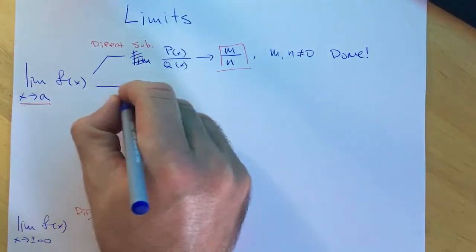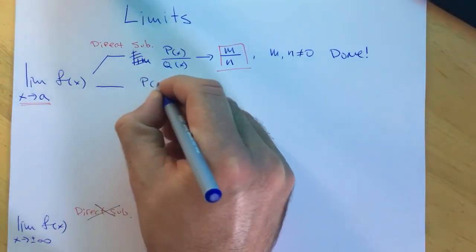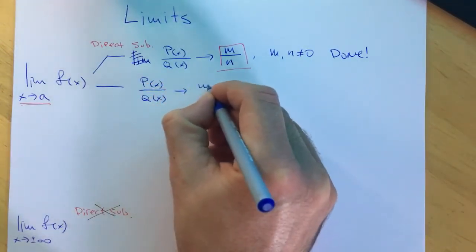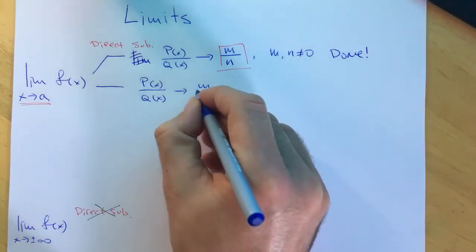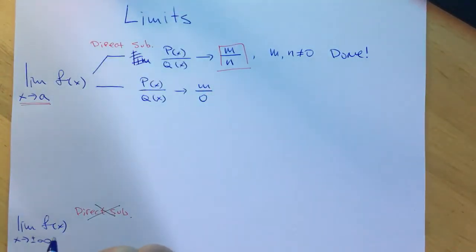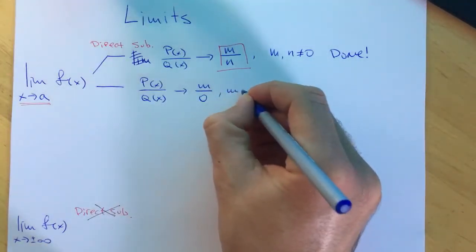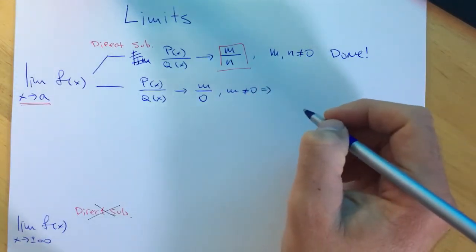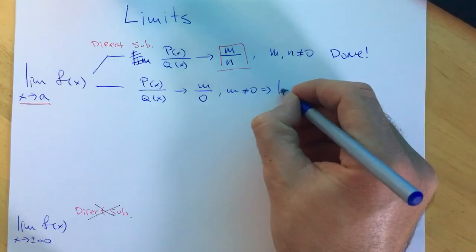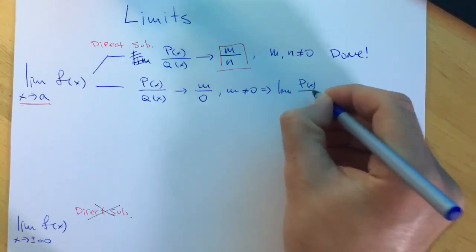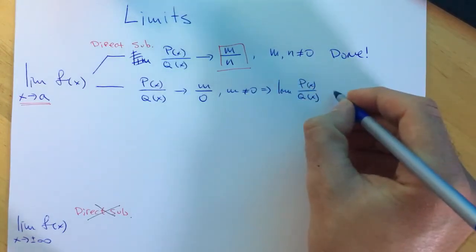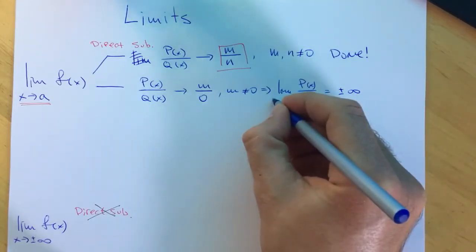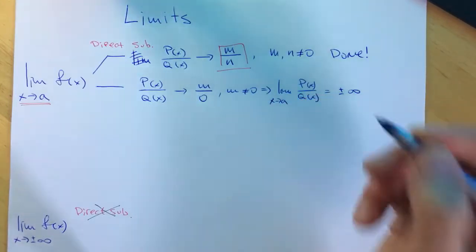The second scenario is where the numerator approaches a constant different than 0, but the denominator approaches 0. So the numerator is different than 0. And in this case, the limit of p of x over q of x will approach either positive or negative infinity as x approaches a.